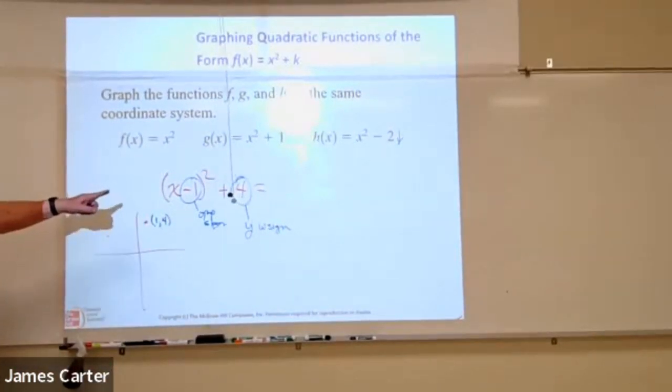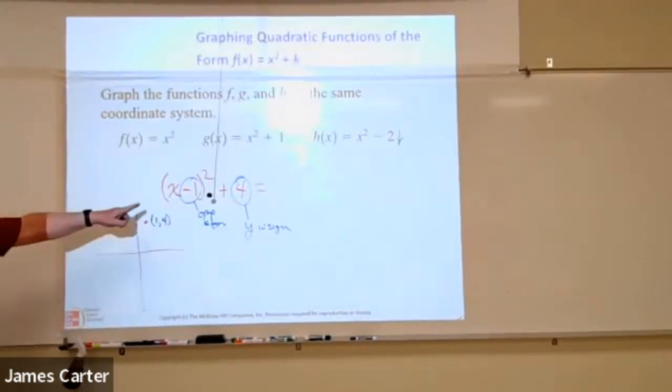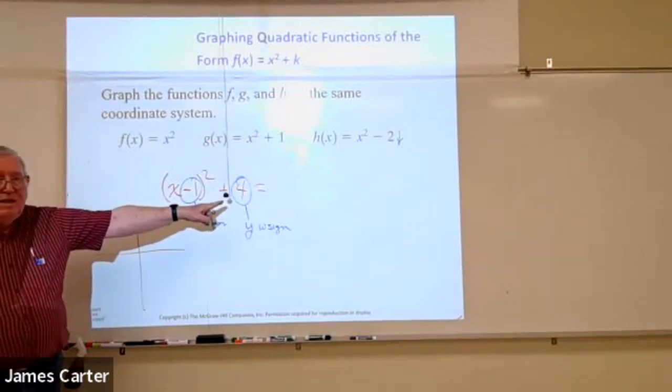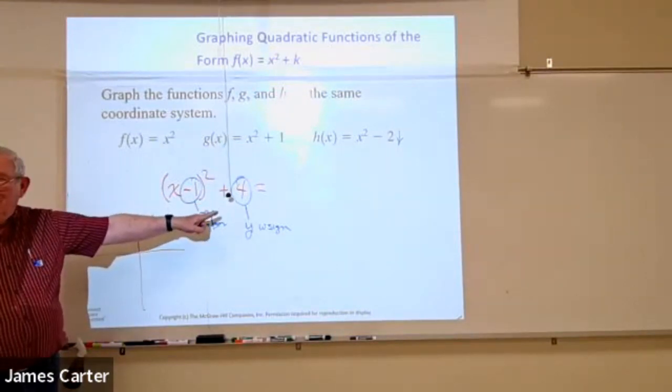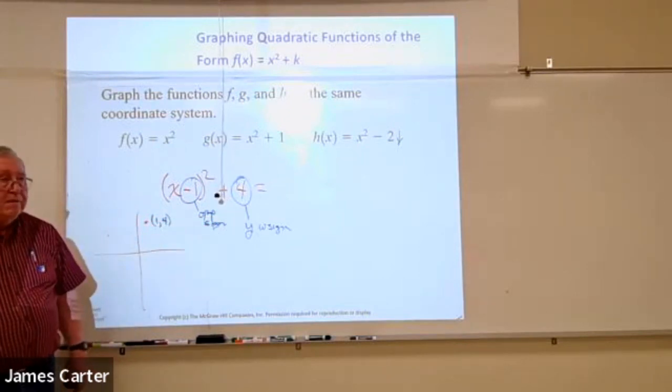That's why they call this the vertex form of equations, because this number and this number tell you the vertex. Okay? But it's in this format.